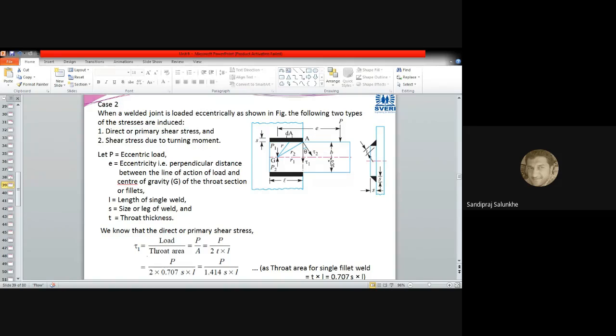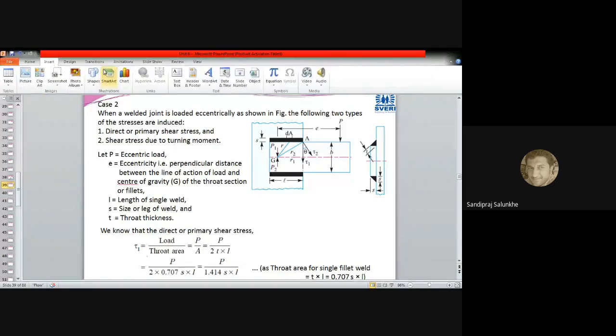Due to this P, direct shear will be created, and bending stress also will be created in this welded joint. Bending will be created like this. Because the load P acts vertically downward, shear will occur in this welding strip and in this welding strip also.